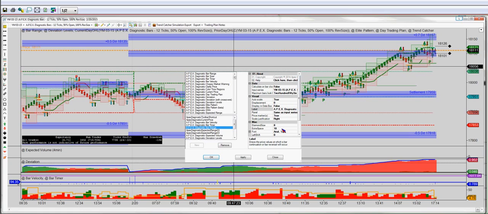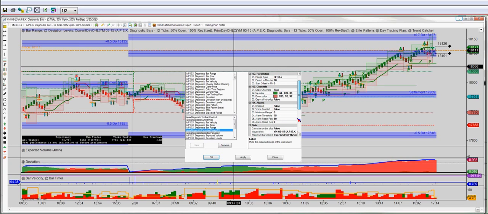Okay, where are you? Bar range. That's not what I want. This one. Period minutes. I already had it set to 20. Well, that's interesting. Oh my gosh. Okay, so I've been trading futures with 20-minute bars. Yay.